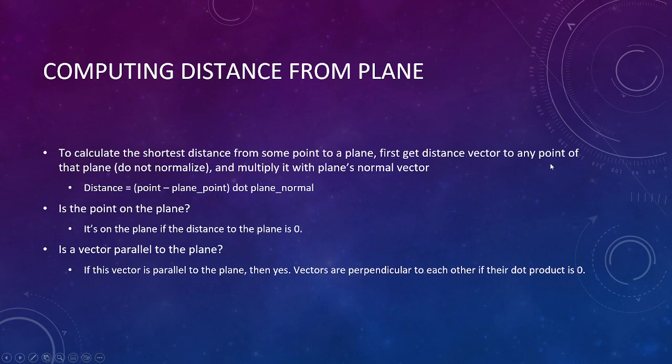We can also use these to compute the distance of a point to a plane. So to calculate the shortest distance from some point to a plane, we get the distance vector to any point of the plane, and then we should not normalize it, and multiply it with the plane's normal vector.